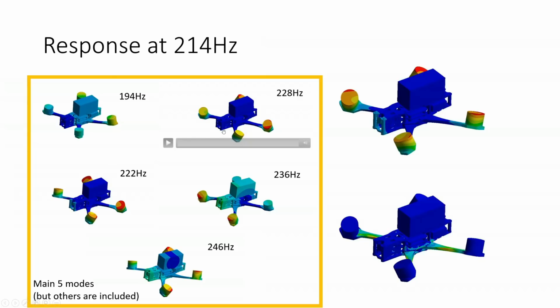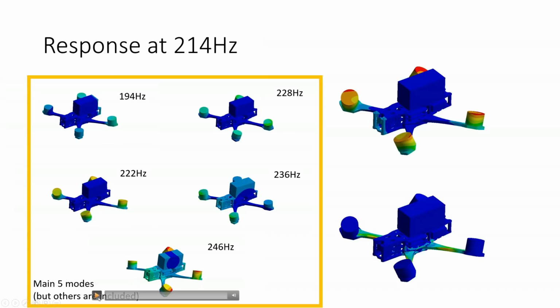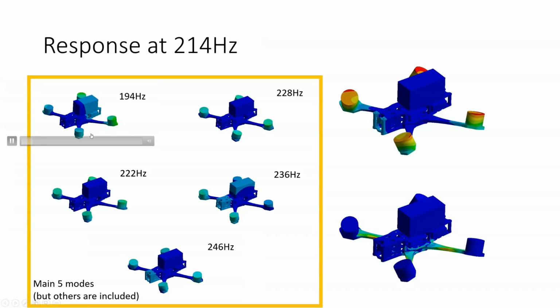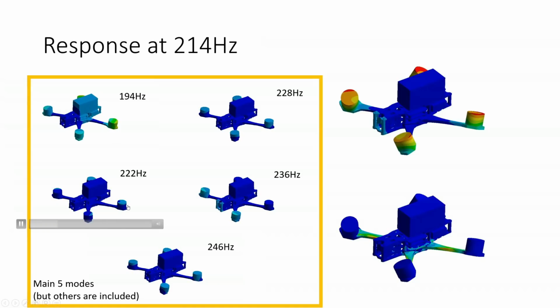So if we look at these 5 resonant modes, we can see that at 194 Hertz, we have a mode where all of the motors are moving up and down together, and the whole quad is kind of bouncing up and down. If we then look at 222 Hertz, we can see that we have a mode where the motors are rotating in torsion on the end of the arms.